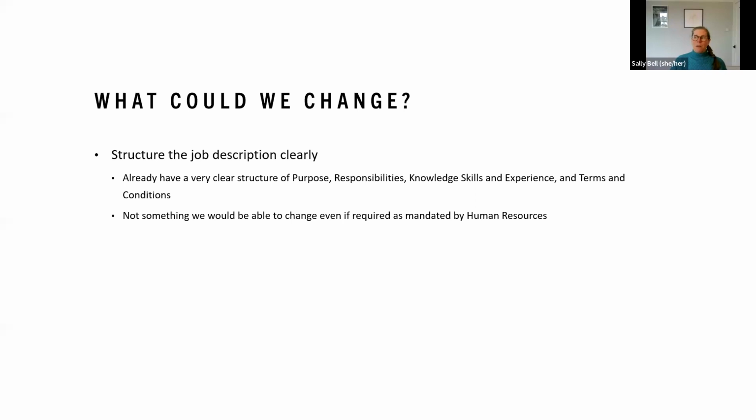And some of this is managed centrally through HR at Glasgow, so we don't have that much control. And the structure of the job description is the main one on that front. Our job description structures and the adverts that get sent out are managed by human resources to set procedures and policies. So we do have a very clear structure in the job description.